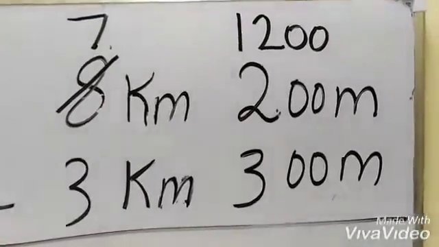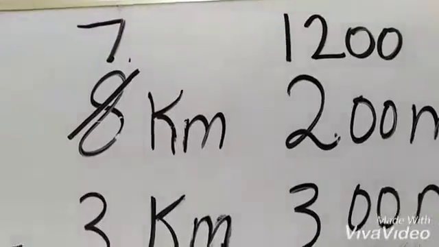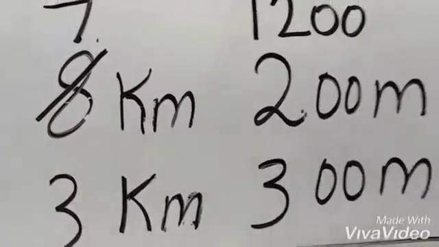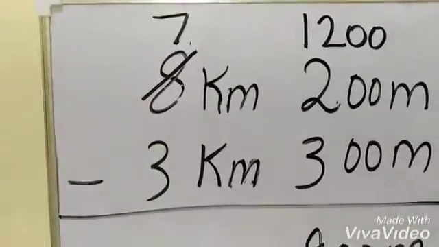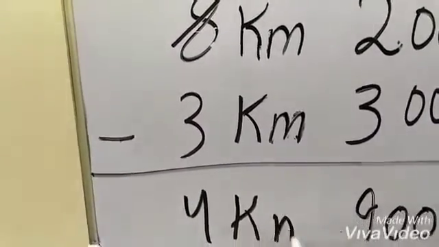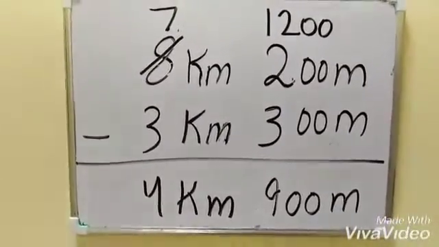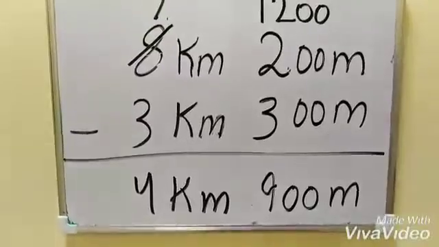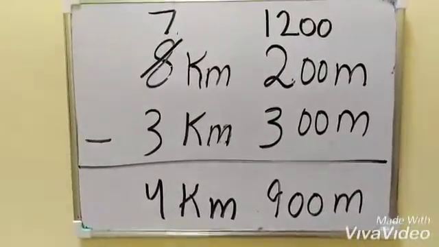Now 1200 meters minus 300 meters equals 900 meters. And 7 kilometers minus 3 kilometers equals 4 kilometers. So 8 kilometers, 200 meters minus 3 kilometers, 300 meters equals 4 kilometers and 900 meters.